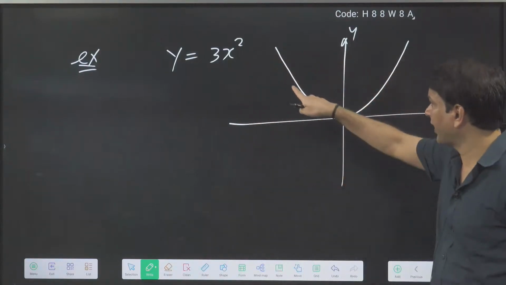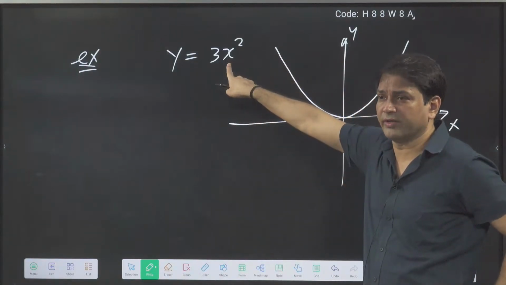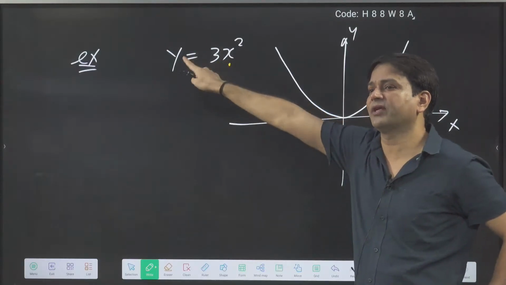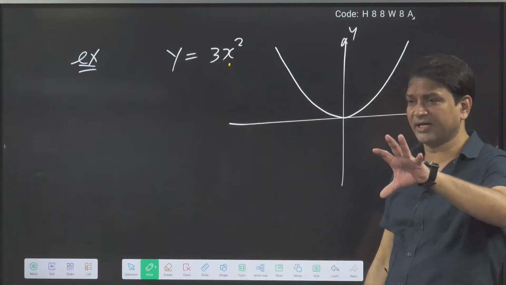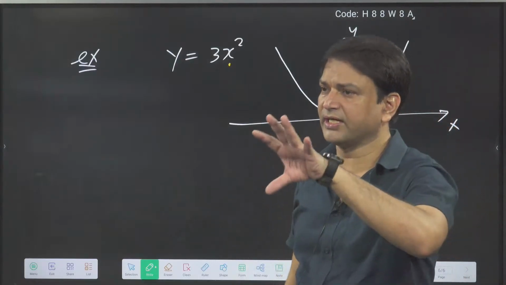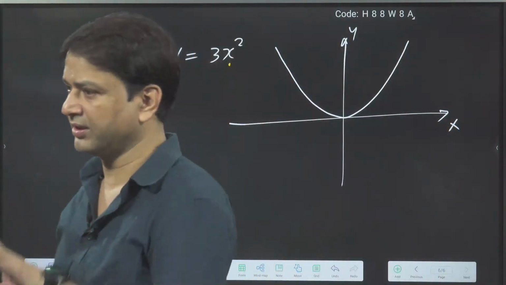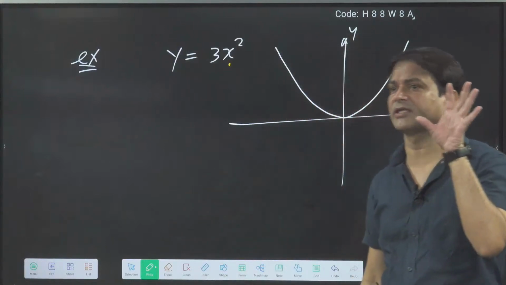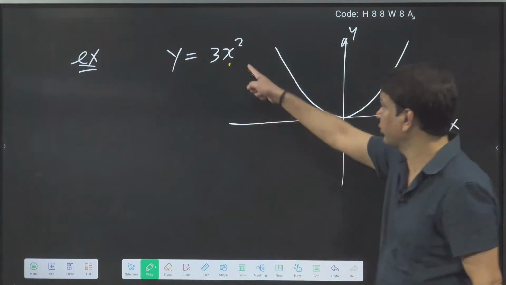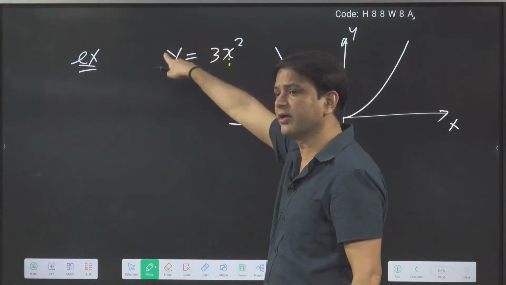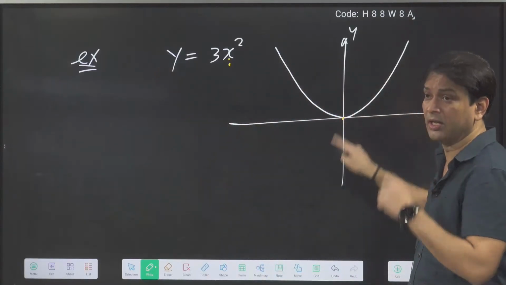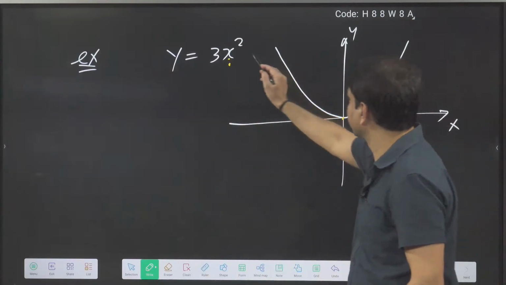Basically here, if I put x is equal to 0, then what is the y I will get? Y I will get 0. It means here it is passing through the origin. There is no x-intercept, no y-intercept, it is passing through the origin. Because if I put x is equal to 0, then y I will get 0. That's why here the vertex is 0, 0.